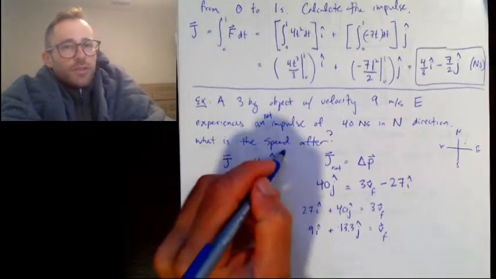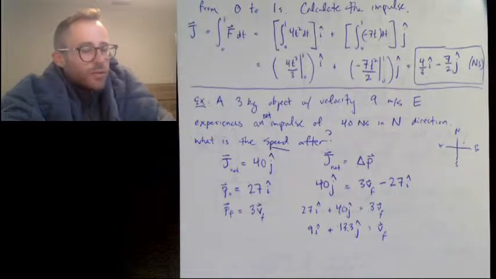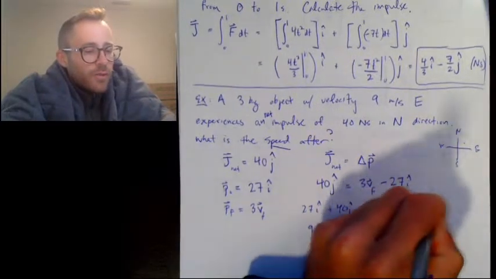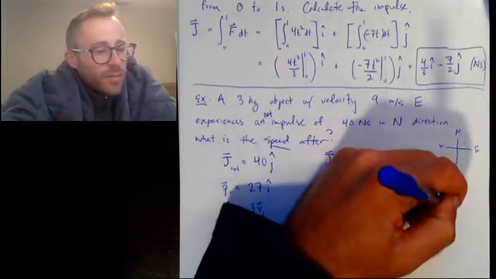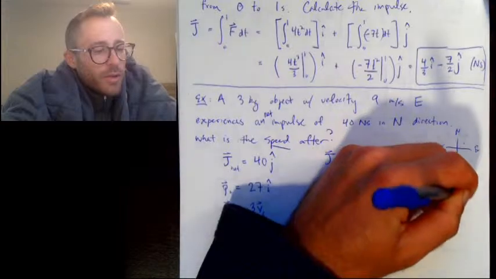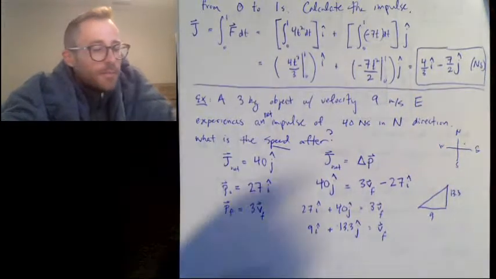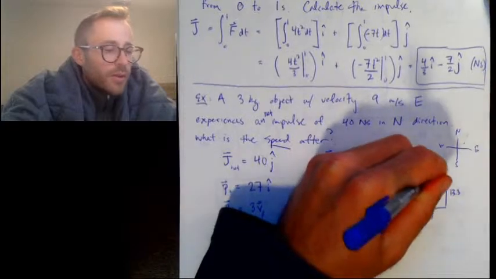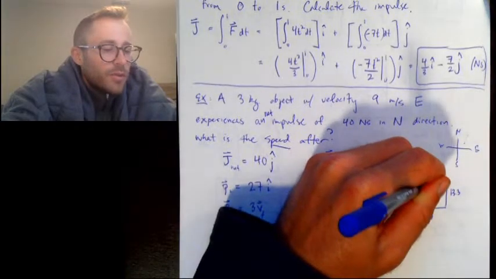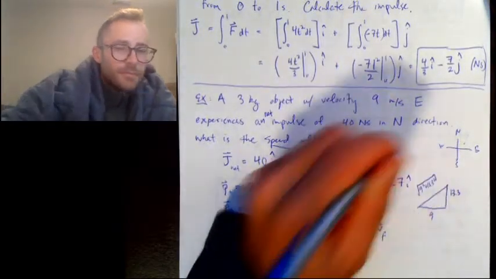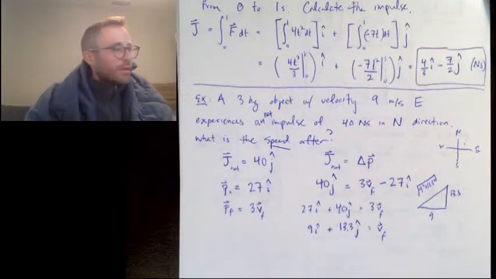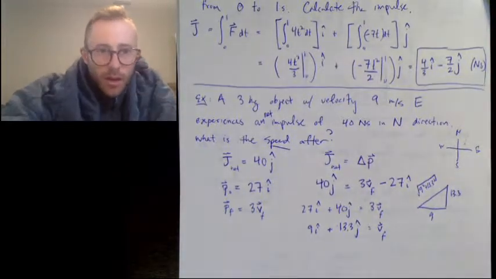Now we want to know what is the speed after. So we have this velocity that goes over 9 and it goes up 13.3, and the speed is the Pythagorean theorem on that. So it's going to be the square root of 9 squared plus 13.3 squared, which I will plug into the calculator.